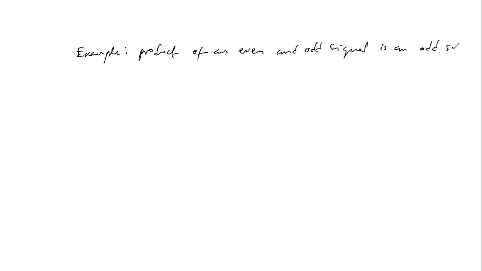So let's look at another example: that the product of an even signal and an odd signal is an odd signal. Let S of t be the product of S1 of t and S2 of t.